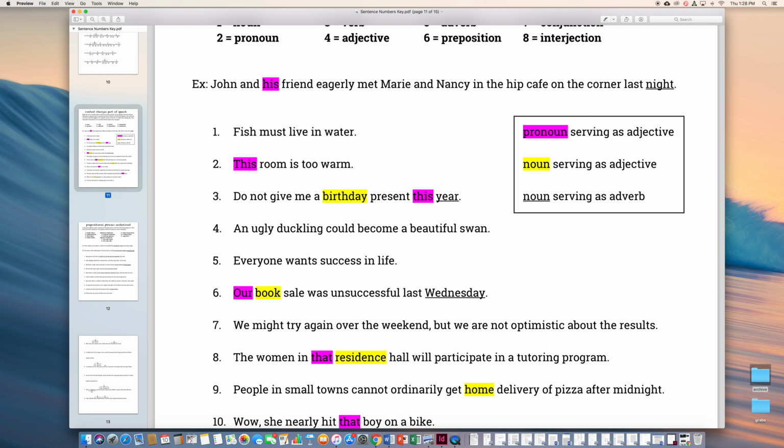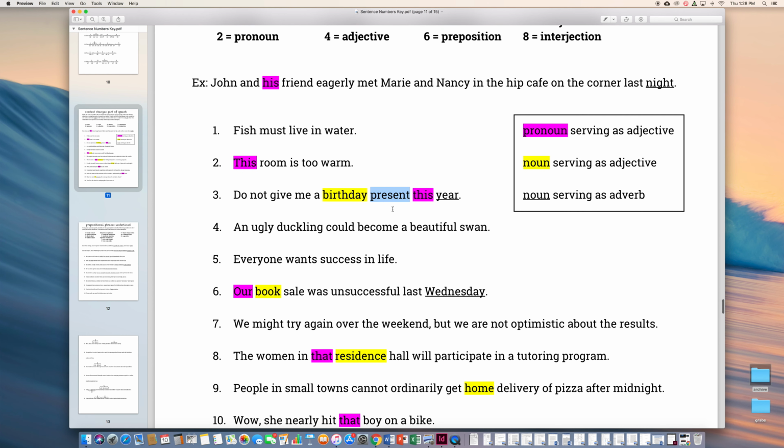So with the understood subject you, do give being the predicate, present is receiving the action of the transitive verb give. That's the only noun that's truly serving as a noun in this sentence.